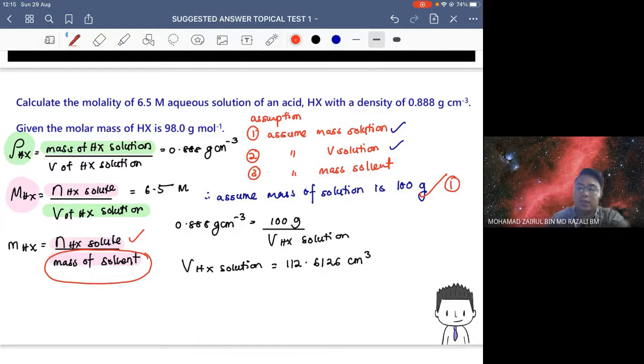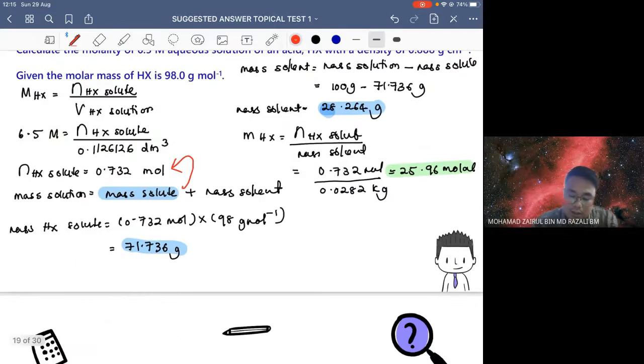Okay, the second mark awak akan dapat adalah daripada the volume of HX solution. Okay, and then mole solute betul satu markah, mass solute betul satu markah, mass solvent betul satu markah, and the final molality betul is another mark.